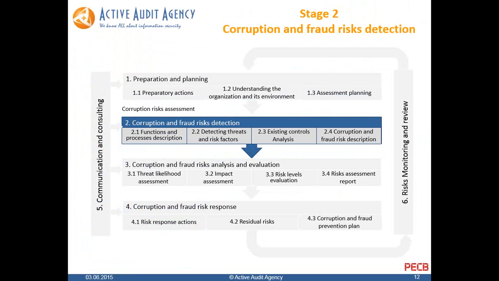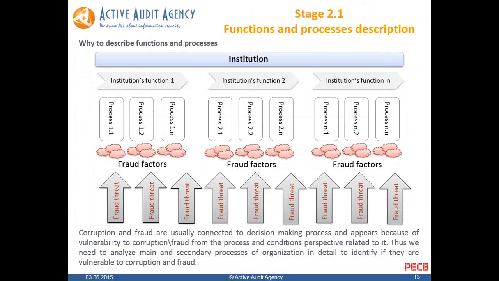Corruption and fraud are usually connected to decision-making process and appear because of vulnerability to corruption and fraud from the process and condition perspective related to it. Thus, we need to analyze main and secondary processes of the organization in detail to identify if they are vulnerable to corruption and fraud.